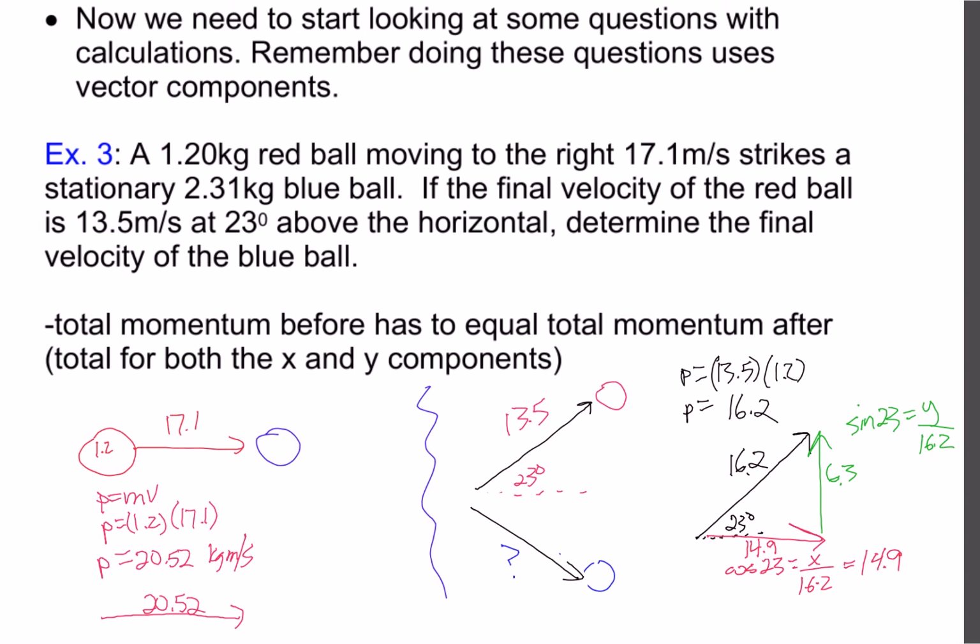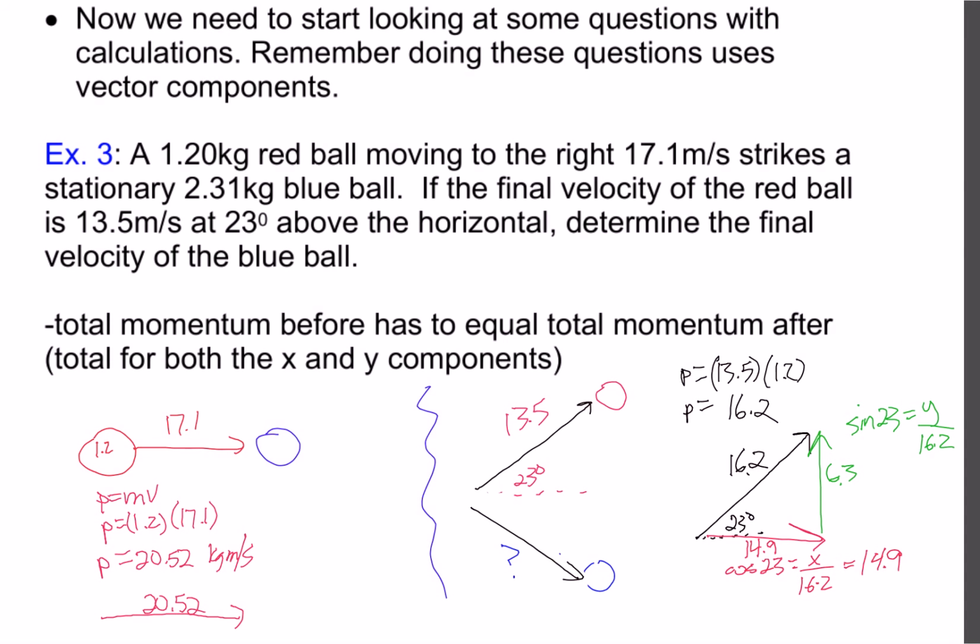Okay, so let's go back to our original setup. I'm going to go to a new page here that's blank. So let's go before again. We have 20.52, so I'm going to redraw that. Our vector to start was a momentum of 20.52.